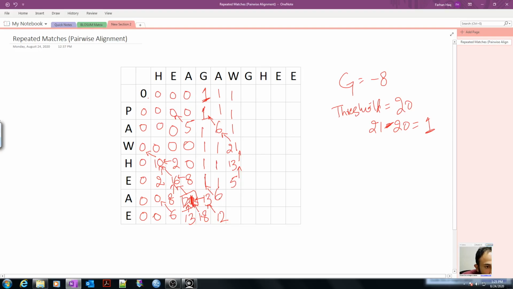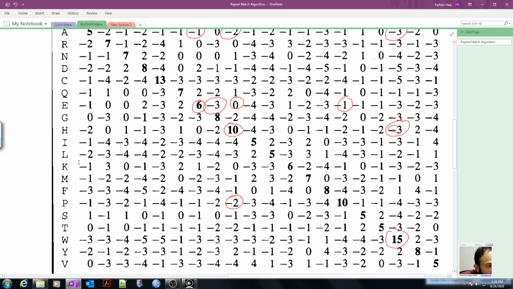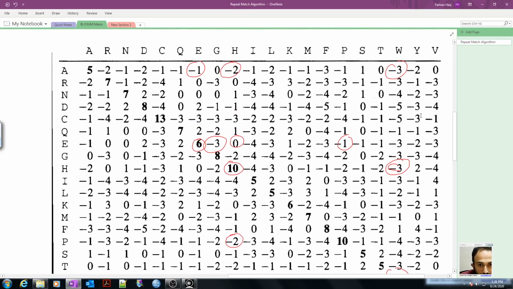And now then A and W, all sides are giving negative value, so we will add 1 here. Then E and W, the E and W score is minus 3, this one.